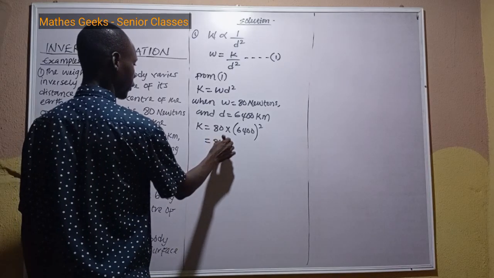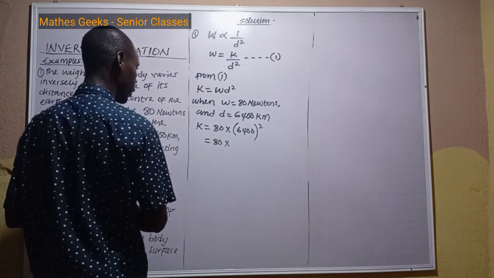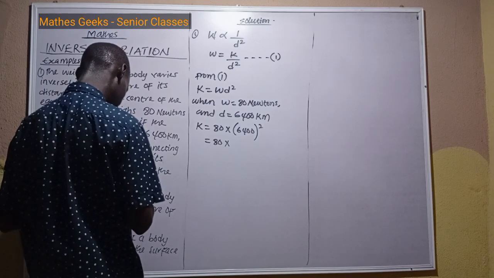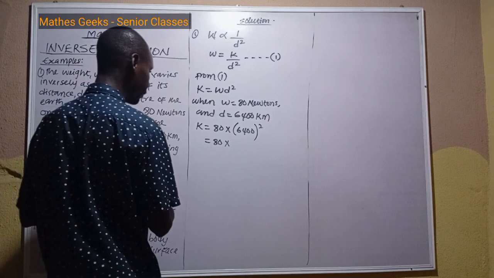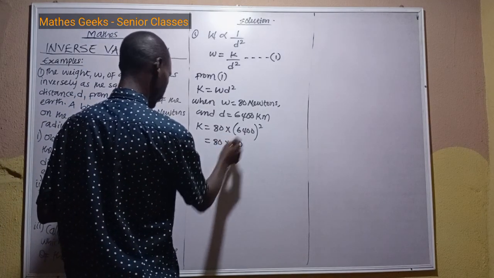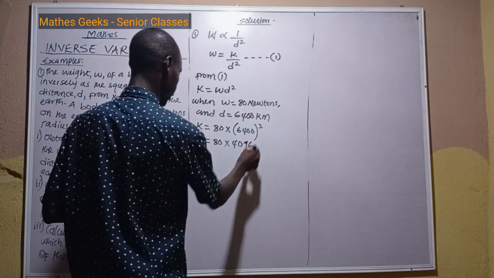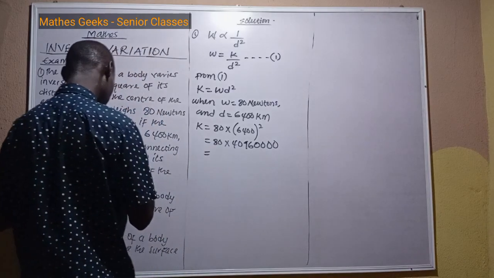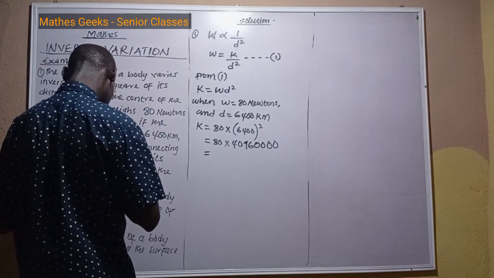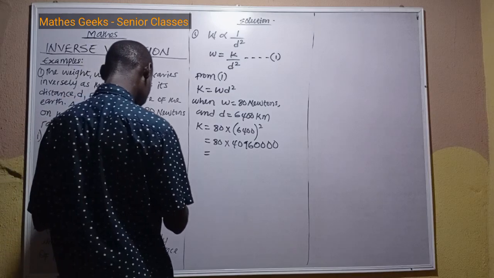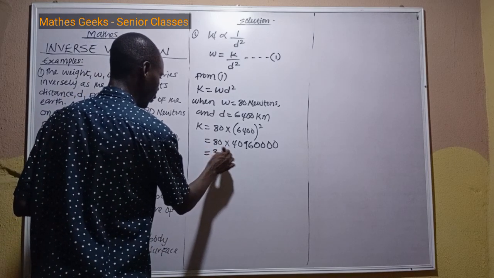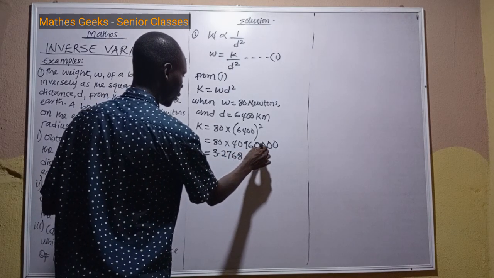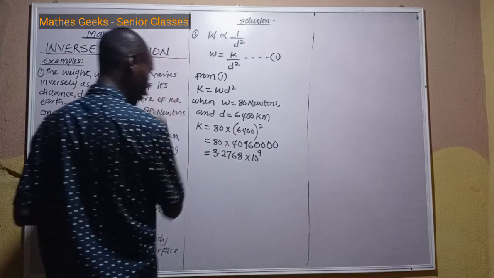So 80 times 40,960,000 gives 3,276,800,000. I'm going to express it in standard form: 3.2768 times 10 raised to the power of 9. That's the value of k.